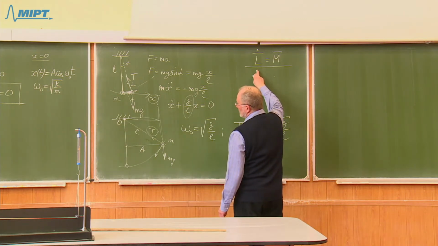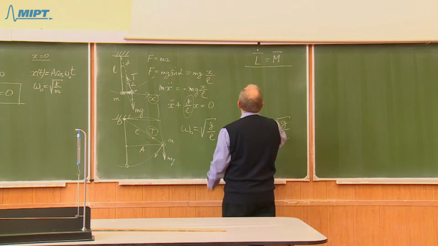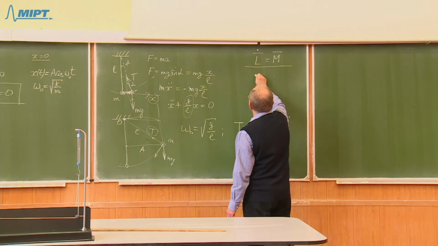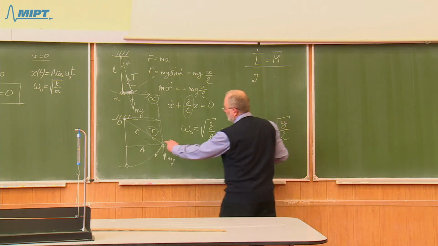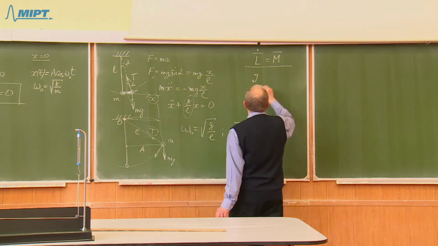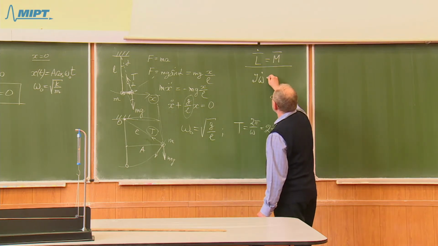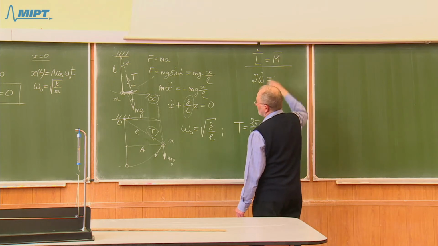So in this particular case, when the motion is a planar motion, the rate of change of angular momentum is the moment of inertia of this body with respect to point A times omega dot, which equals the torque of external forces.